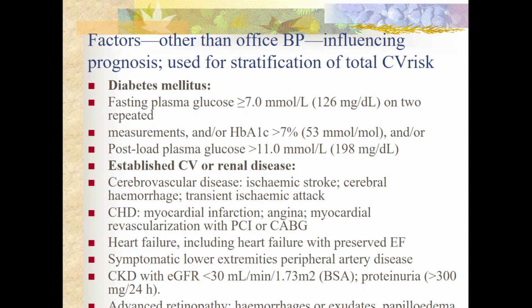Symptomatic lower extremities peripheral artery disease. Chronic kidney disease with glomerular filtration rate less than 30 milliliter per minute, or proteinuria more than 300 milligram per 24 hours. Advanced retinopathy: hemorrhages or exudates, papilledema. Risk factors which were used for stratification of total cardiovascular risk.